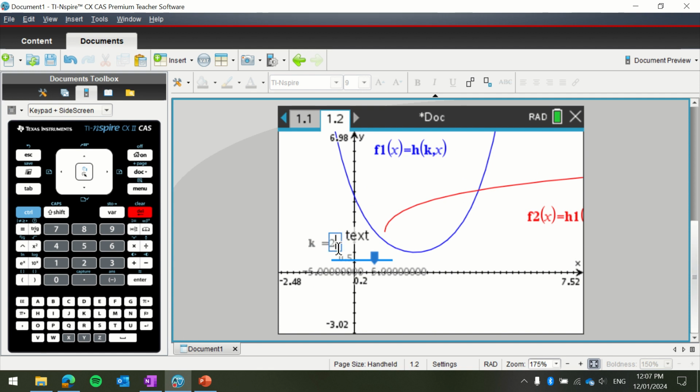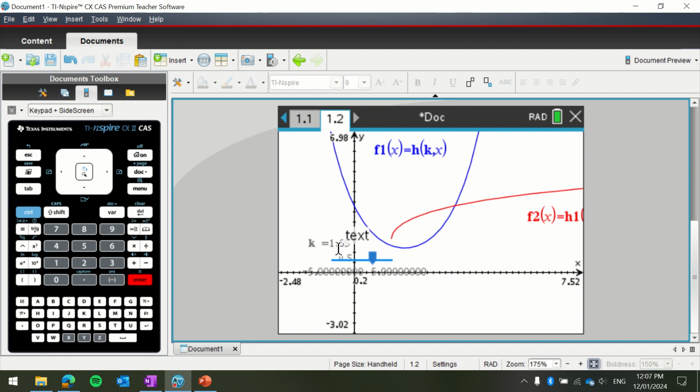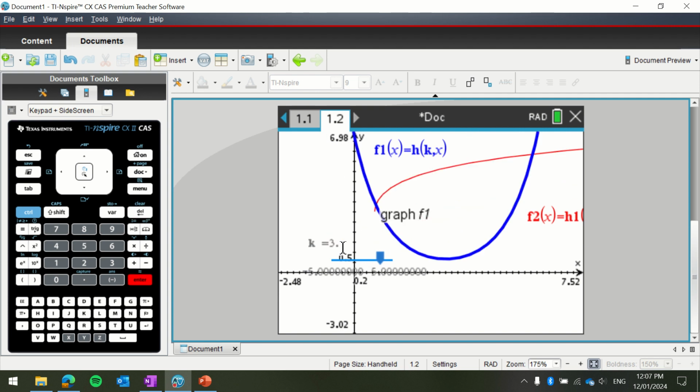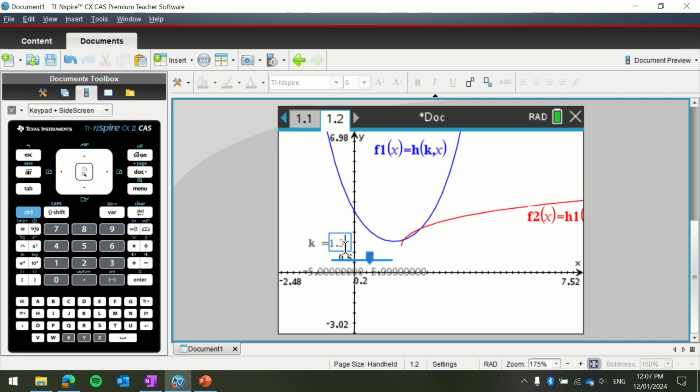This is not small enough because there is a smaller number. What did I get before? 1.5? No. 1.226 or something. Yeah, that's the smallest value. That's the smallest k value for which h intersects with h1.